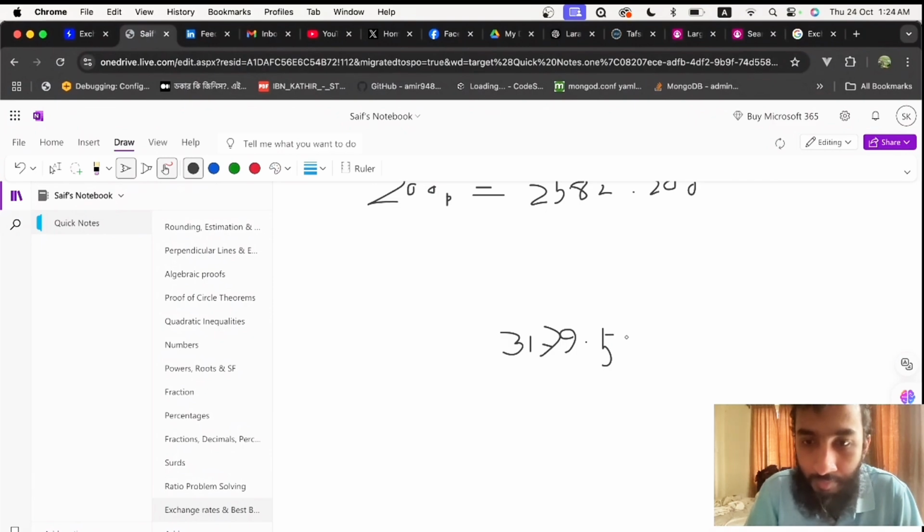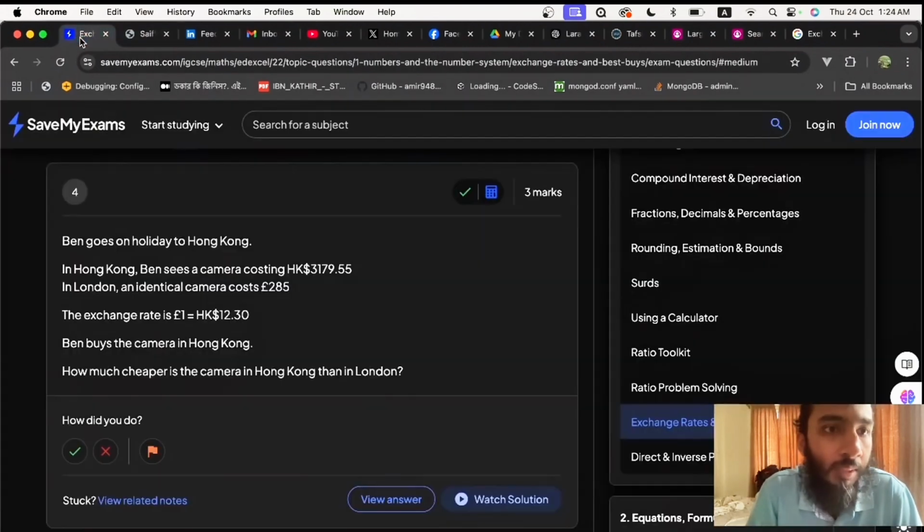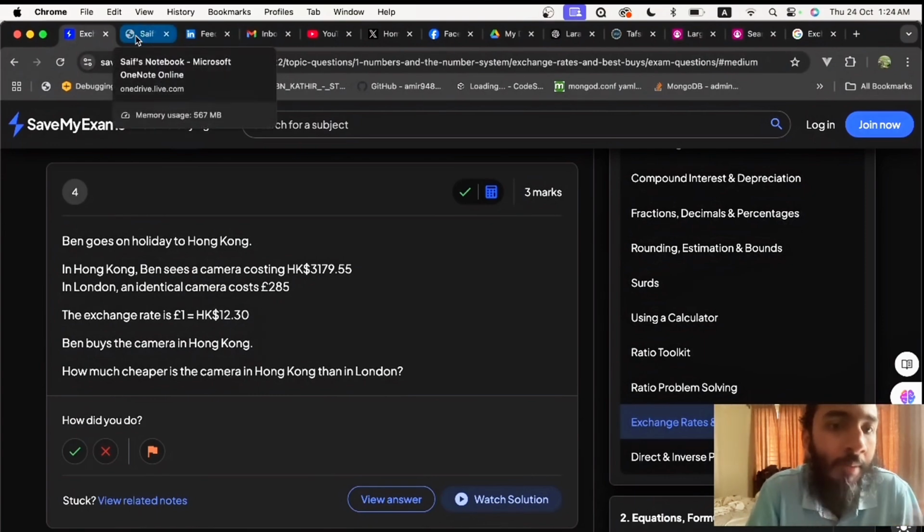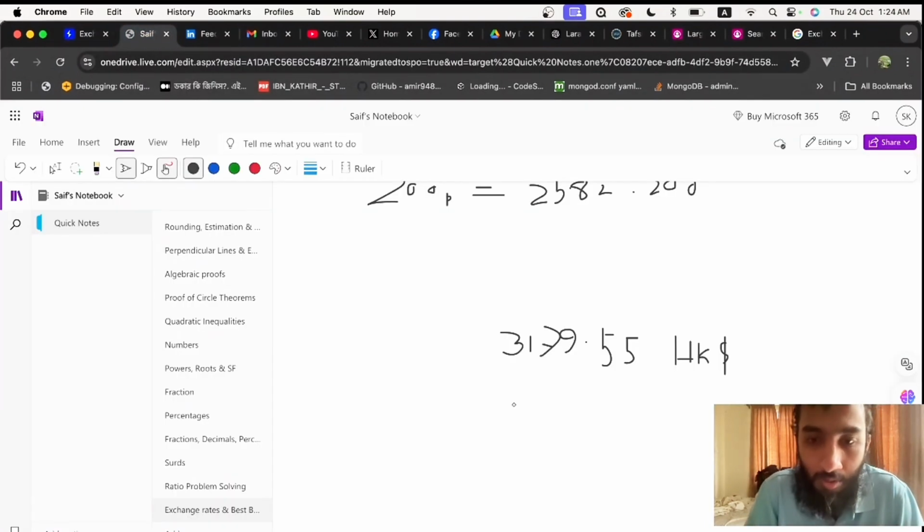This is the Hong Kong dollar cost, or HK dollars. In London, the same camera costs 285 pounds.